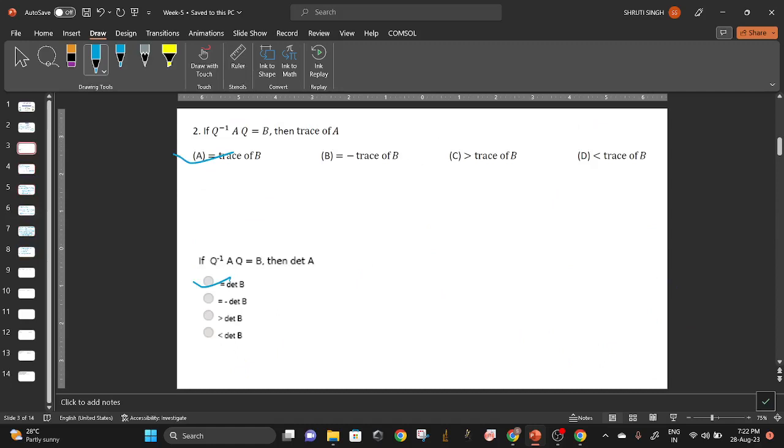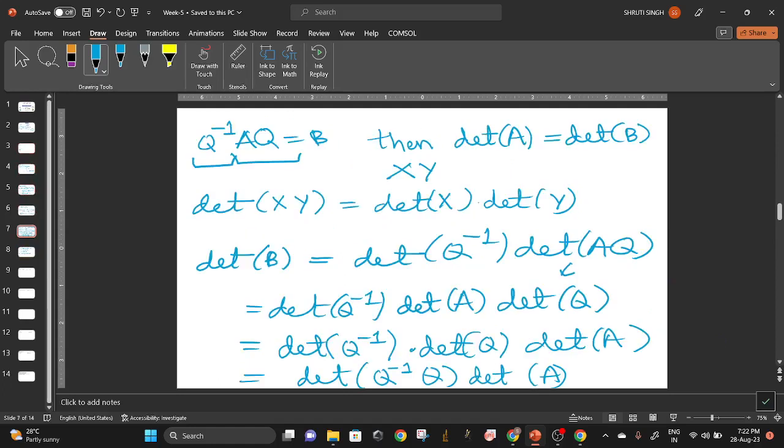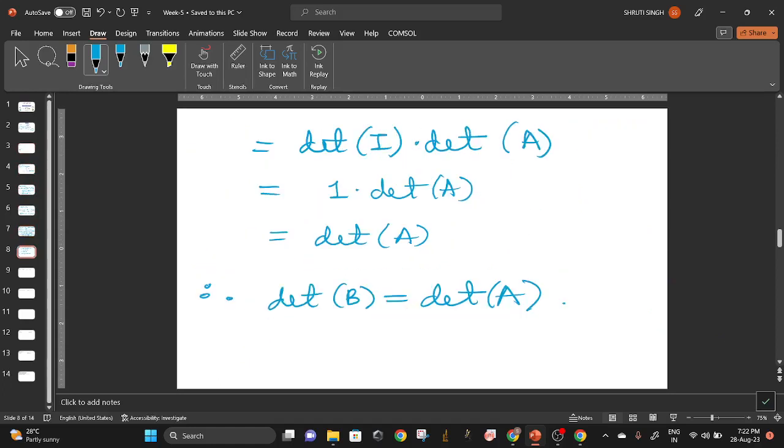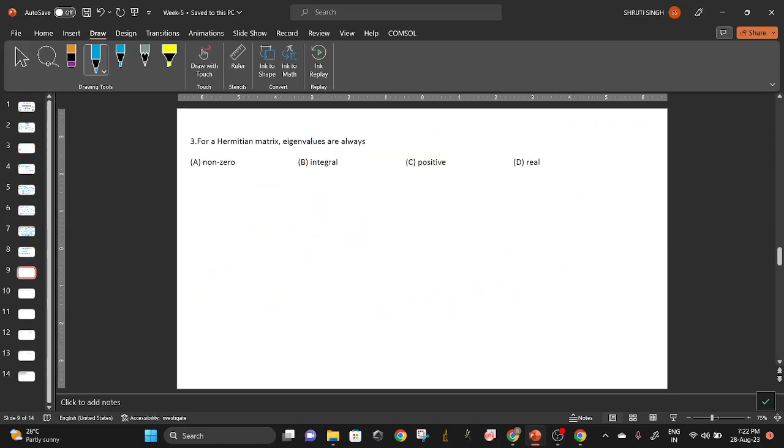Okay, so these two questions were related. Now next is, for a Hermitian matrix, eigenvalues are always, Sandeep, you got this one correct? Yes, this was discussed in the previous class, so they are real. For a Hermitian matrix, eigenvalues are real.